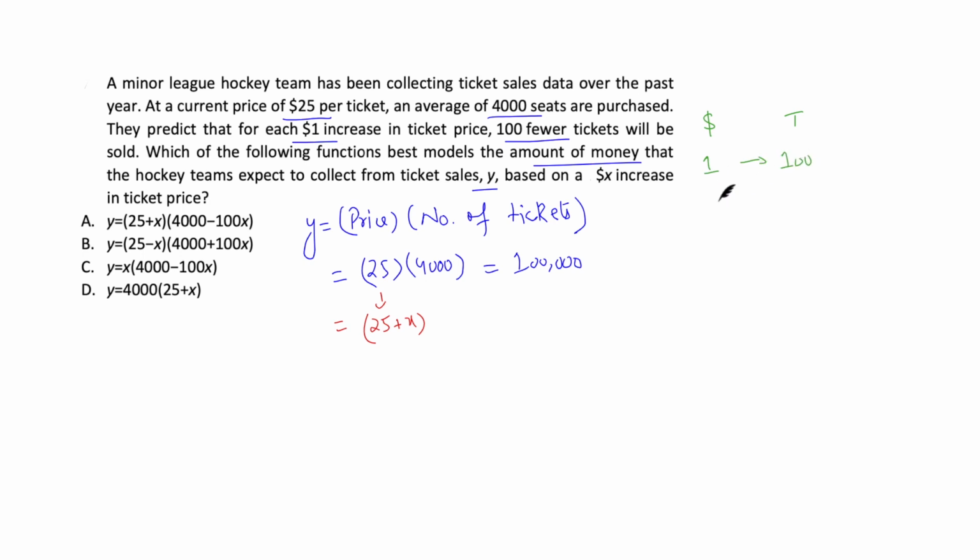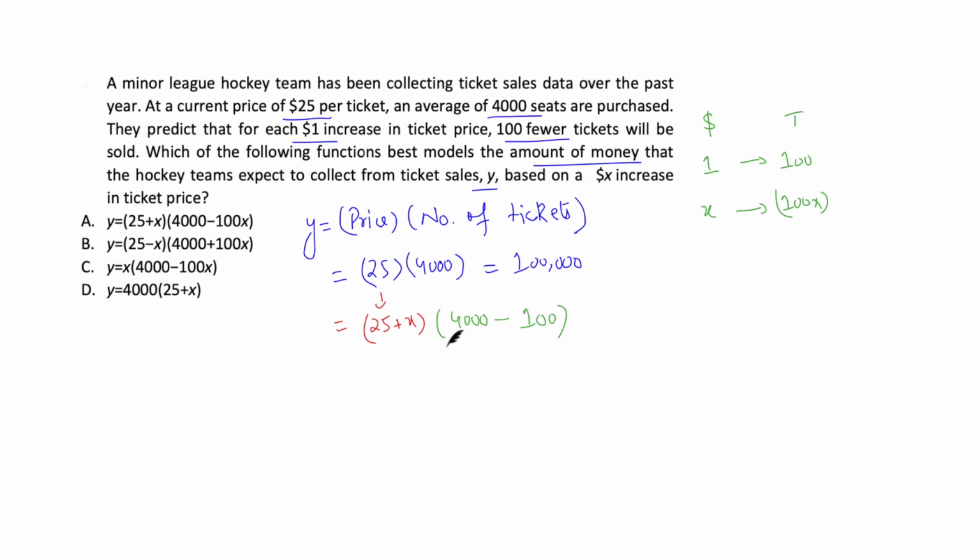So if you increase the price by X dollars, you cross multiply: 100X fewer tickets. So over here, you will have 25 plus X times 4,000 minus 100X. This is the money that will be generated if you increase the ticket price by X.